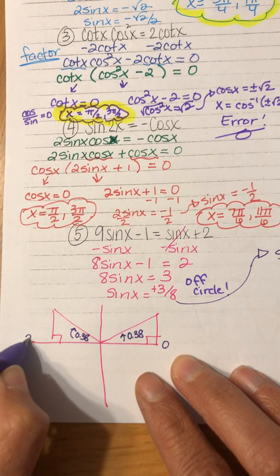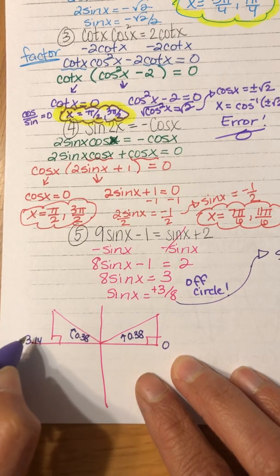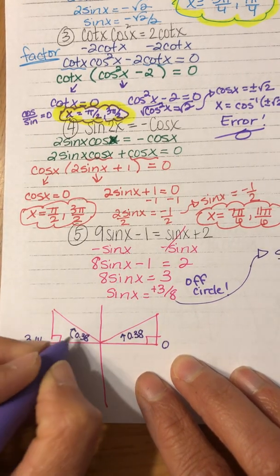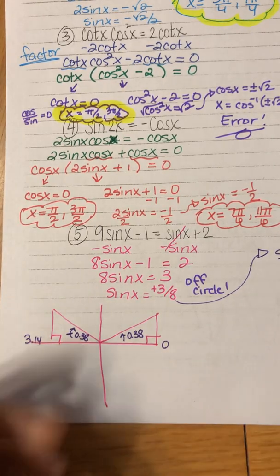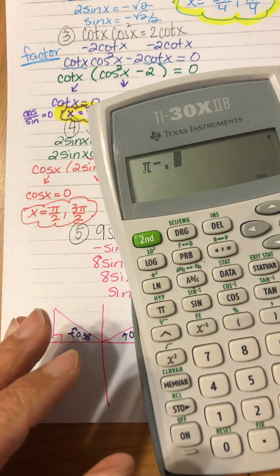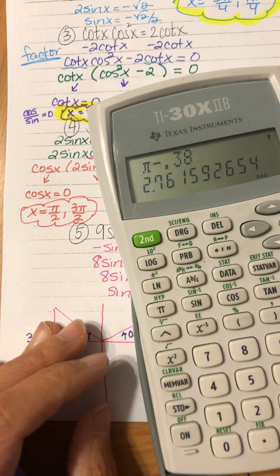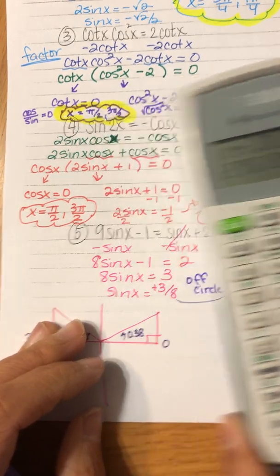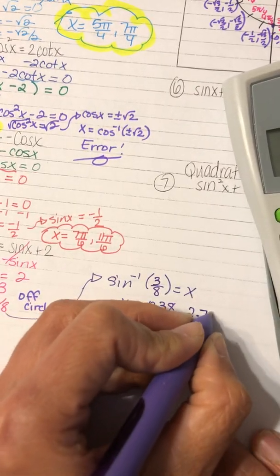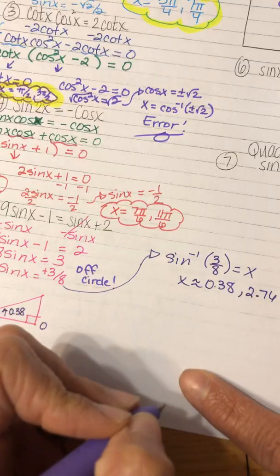But if I know that this is 3.14, it's pi, I just have to take pi and subtract 0.38. So that means I'm going to have to take that away. So I'm literally going to hit pi minus 0.38. And I get that the second one is 2.76. So x equals 0.38 and 2.76.